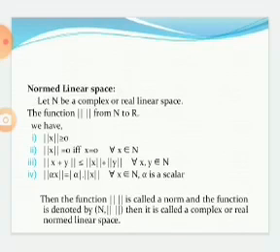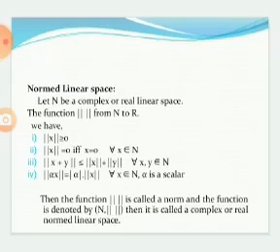And another condition is norm of x plus y is less than or equal to norm x plus norm y, satisfied when two elements are taken in N. And the fourth condition is norm of alpha x is equal to mod alpha into norm x, satisfied when alpha is some scalar and x is an element in N.